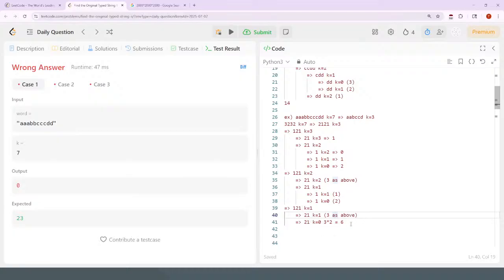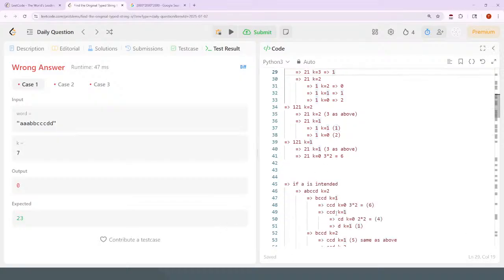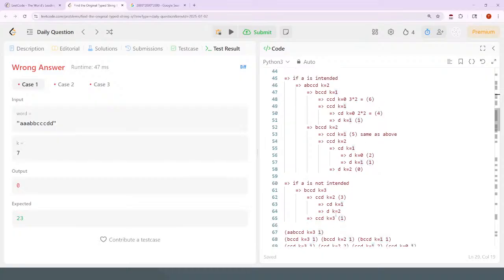That's 3 times 2, which is 6. Same counts. 6, 3, 8, 12, 15, 18, 19. That's not good. It's definitely not good.